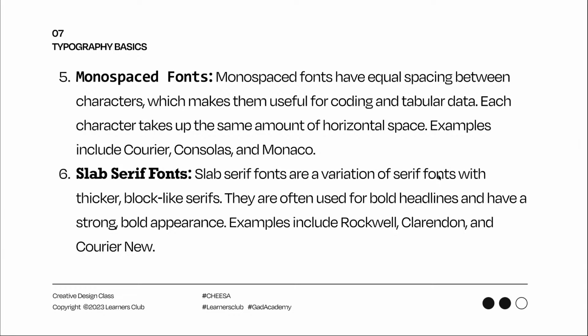The decorative lines at the edge of the font, they are just a variation of it, but they have thicker or block-like decorative lines at the edge of the font. That is what makes them slab serif. Examples are Rockwell, Clarendon, and Courier New. These are examples of slab serif fonts.